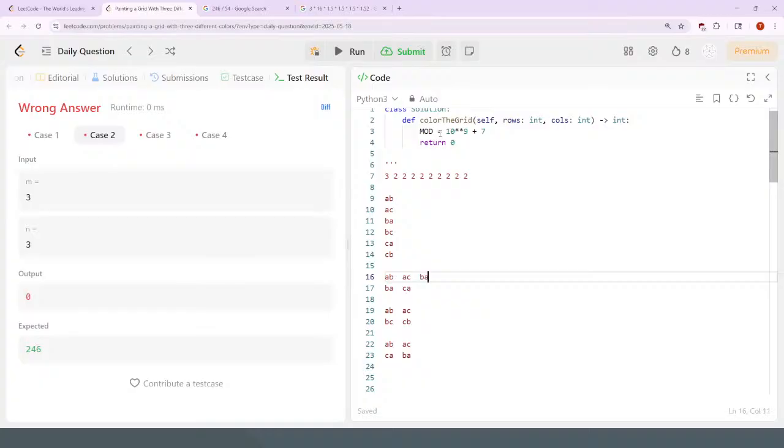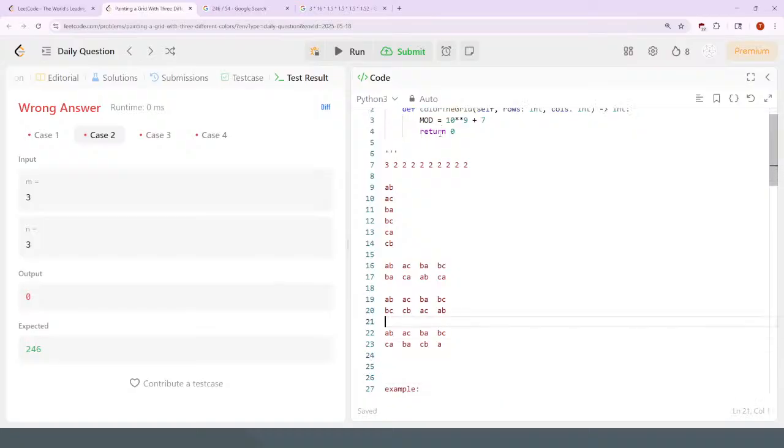Starting with B's, it's BA, AB, BA, AC, BA, CB, BC, CA, BC, AB, BC, CB.